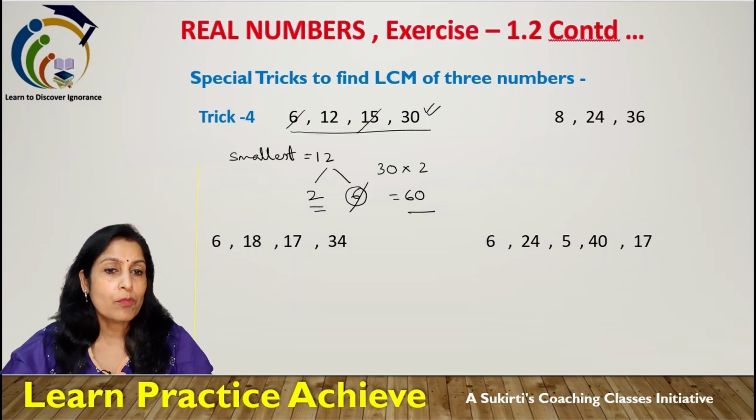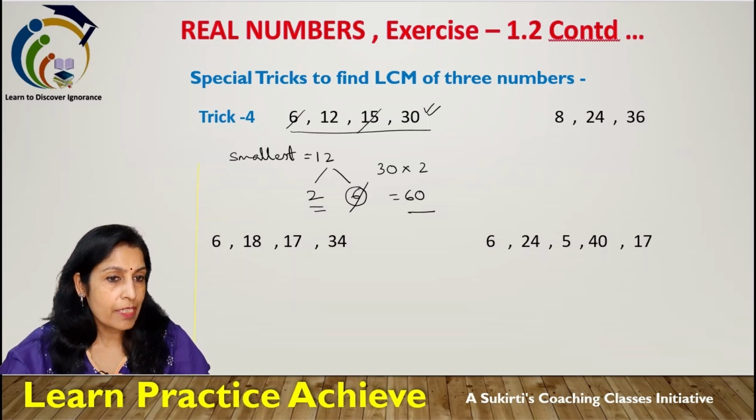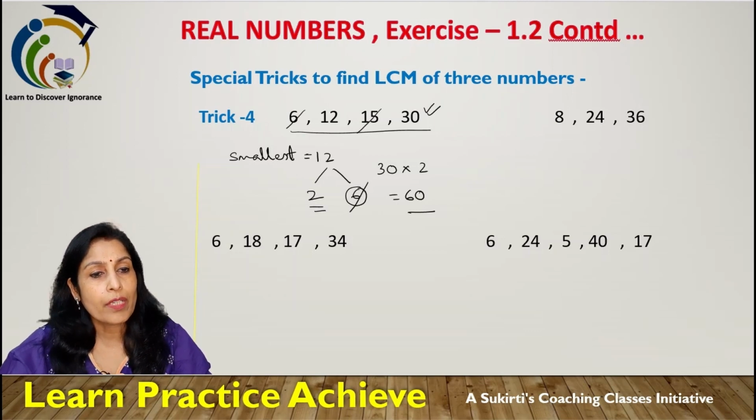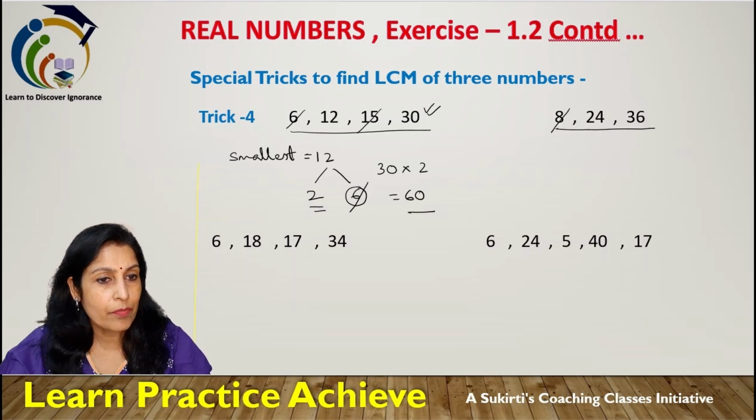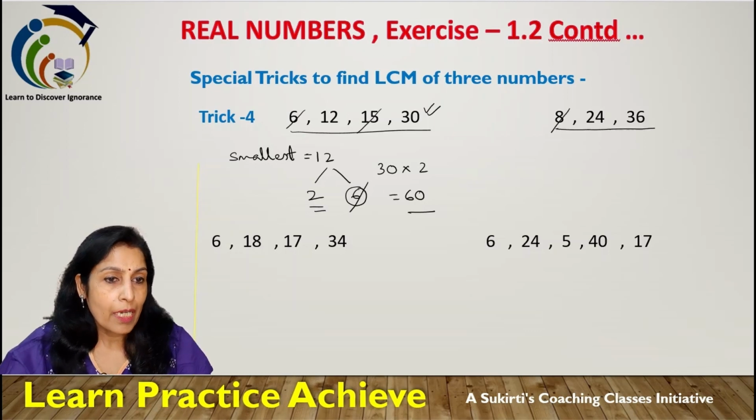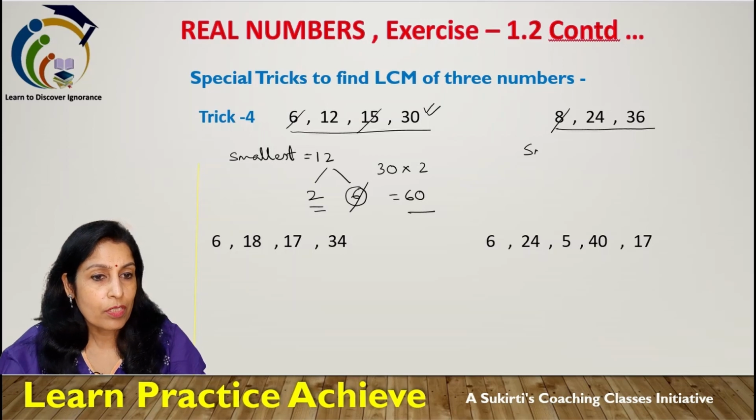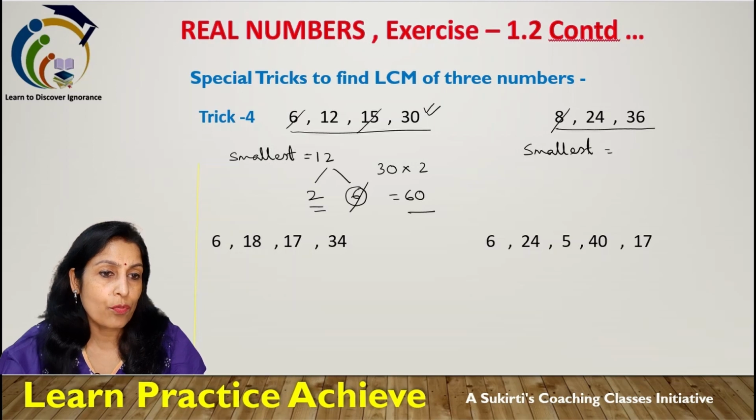Okay. In the same way, when we find the LCM of these 3 numbers, first find out which are the factors of any other number. So from 8, 24 and 36, 8 is a factor of 24. Now out of these two numbers, find out the smallest number. So the smallest number here is 24.